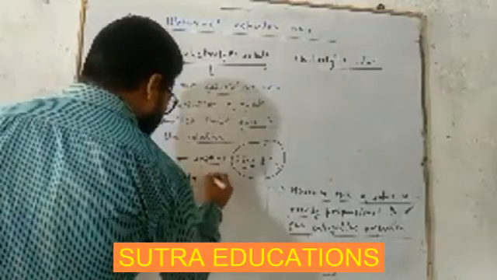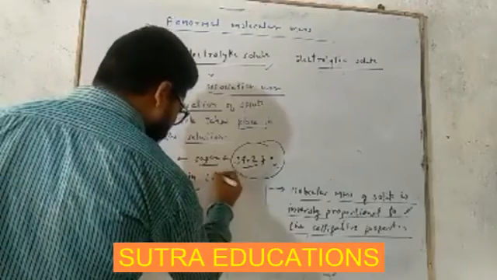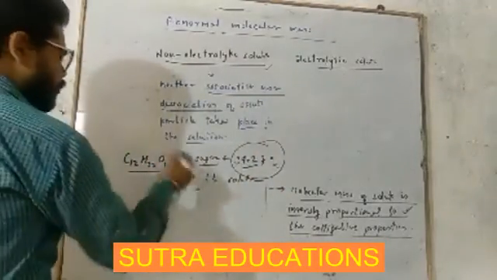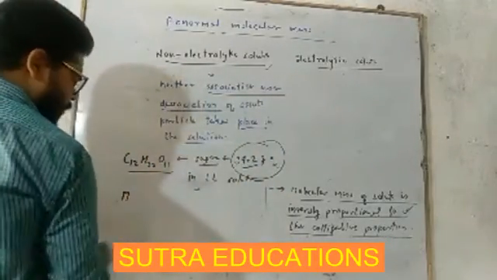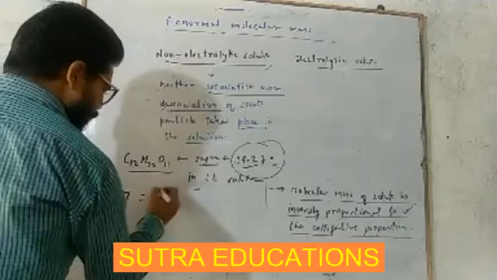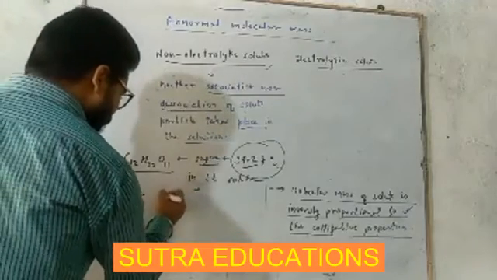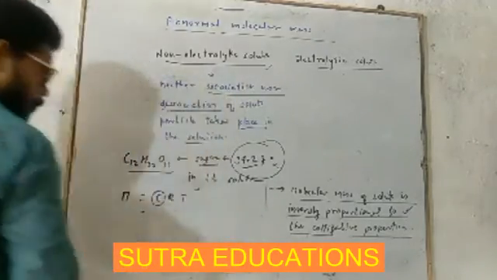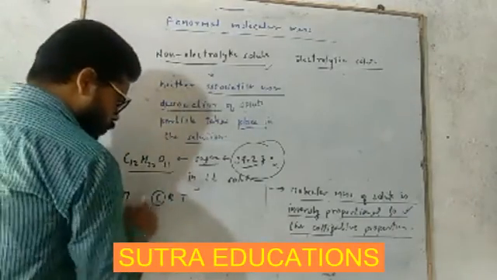Then in this case, in 1 liter solution, if we want to find the osmotic pressure pi, it will be equal to CRT. CRT means number of moles upon volume of solution in liter.